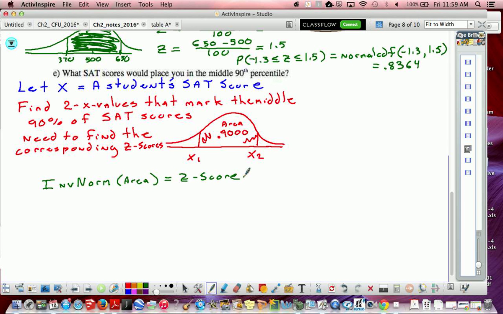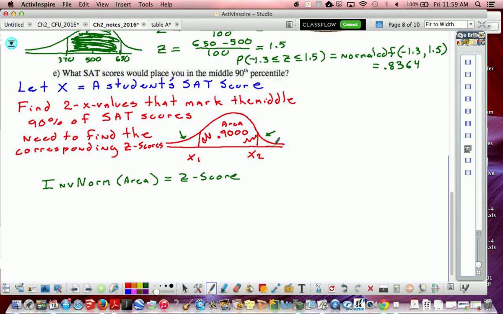Now here comes the challenge. What are the two areas that we should actually be using? What is this area to the left of x1? How much are these two areas combined?